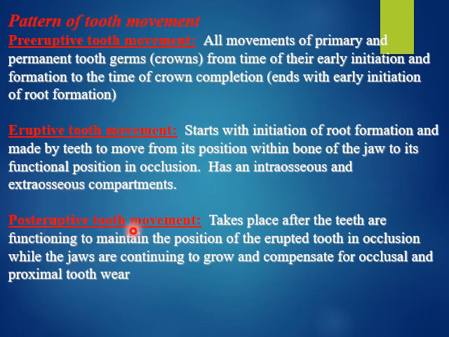Third, post-eruptive tooth movement takes place after the teeth are functioning, to maintain the position of the erupted tooth in occlusion while the jaws continue to grow and to compensate for occlusal and proximal tooth wear.